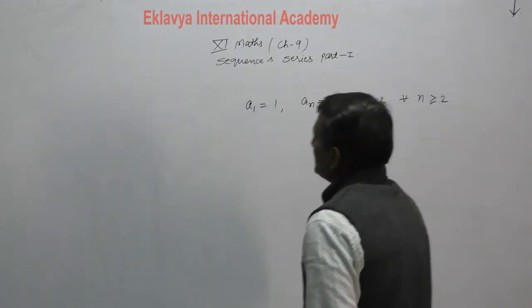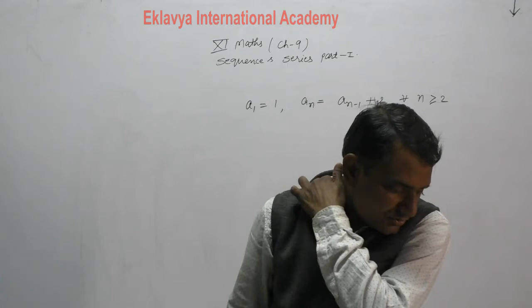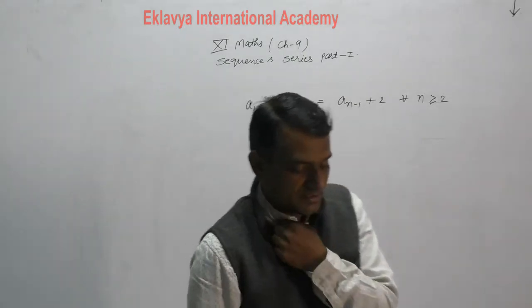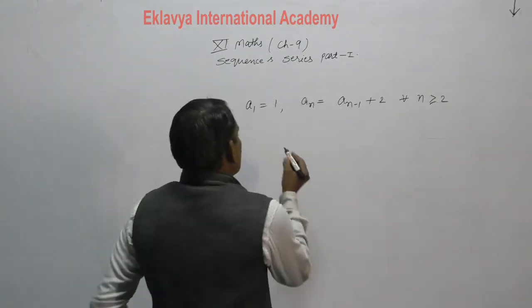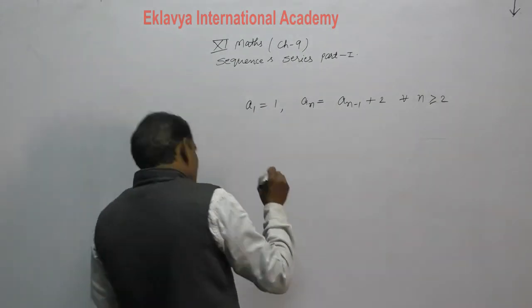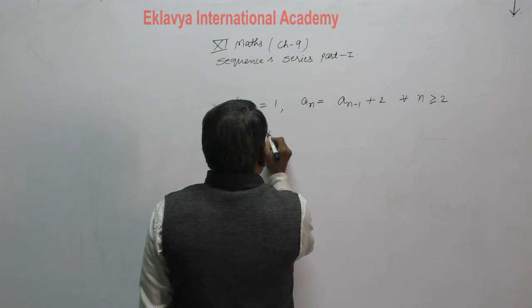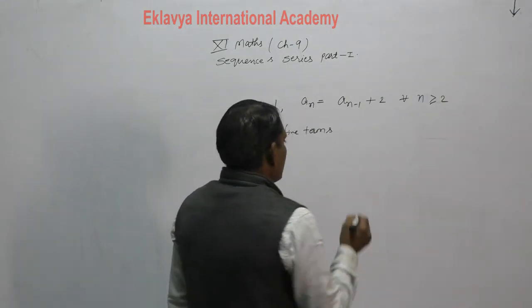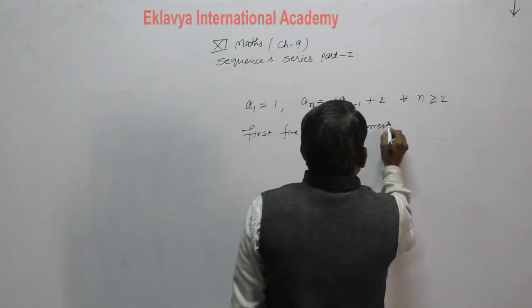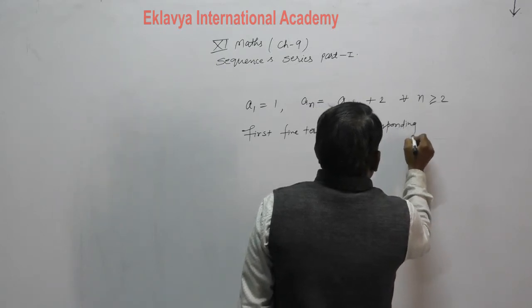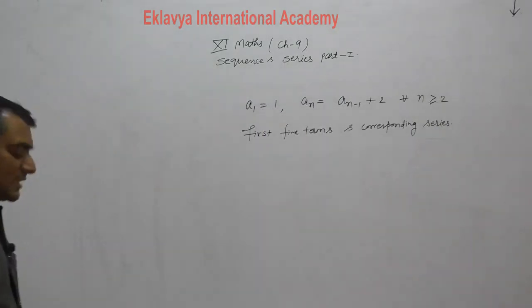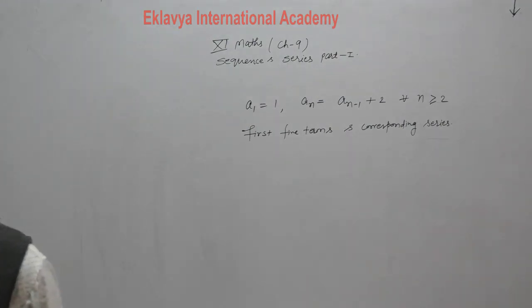Now understand the question properly and what you have to calculate: the first 5 terms and the corresponding series. First 5 terms and corresponding series, you have to calculate these two things. The given sequence is there, and whenever n is 1 the first term is substituted, that is given.